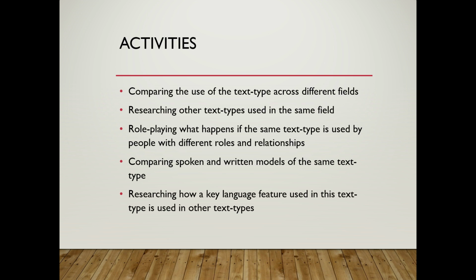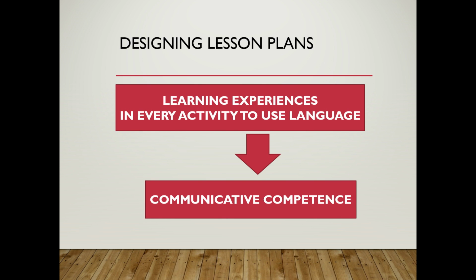The other activities will be comparing the use of the text type across different fields, researching other text types used in the same field, role playing what happens when the same type is used by people with different roles and relationships, comparing spoken and written models of the same text type, researching how a key language feature used in this text type is used in other text types. And designing lesson plans will be learning experiences in every activity to use language toward communicative competence.